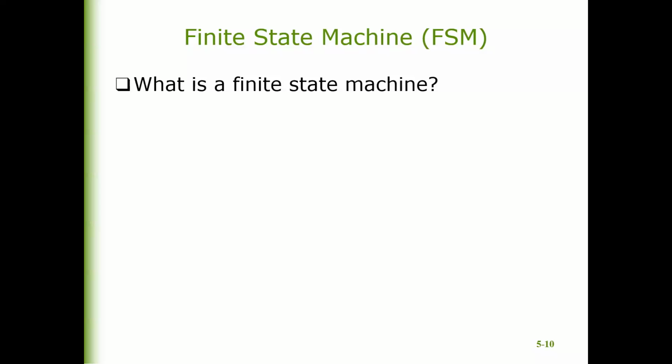One is by using a graph, called the state transition graph, or we can use a table called the state transition table. Another way we can describe the state transitions is by using a matrix. Okay? In this class, we don't cover matrix. We mainly focus on the state transition graph or state transition table.